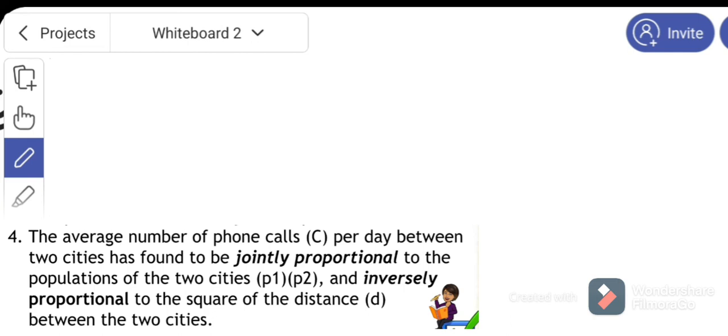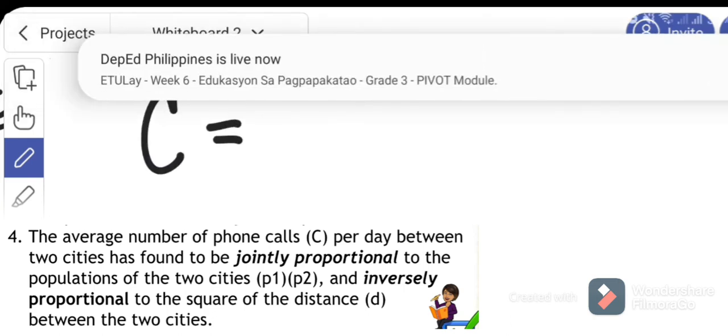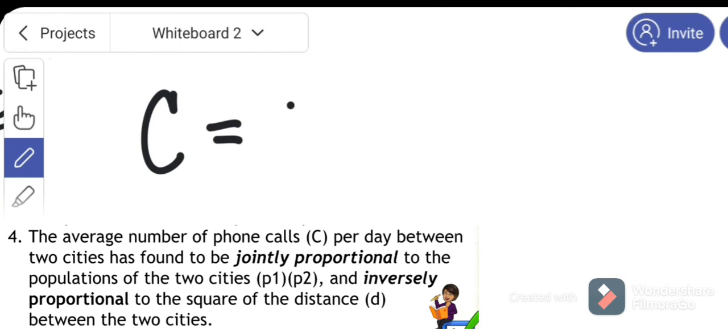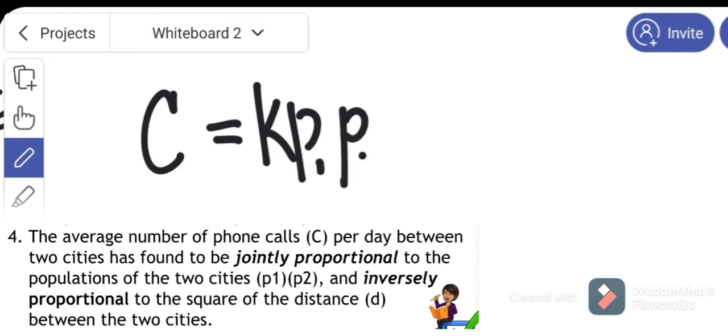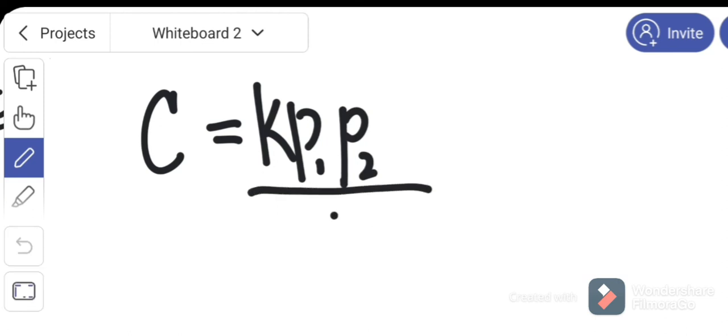So let's take C varies jointly with P1, don't forget the constant of variation, P1 and P2, and inversely proportional to the square of the distance. So we have D squared. Then that is our equation.